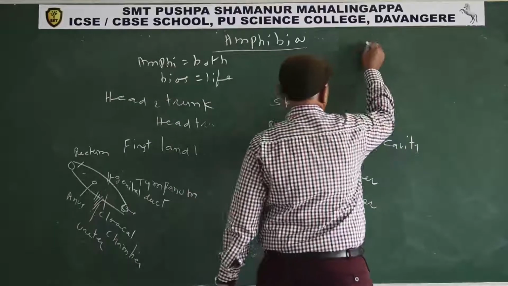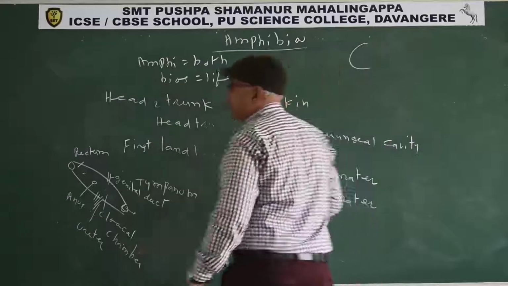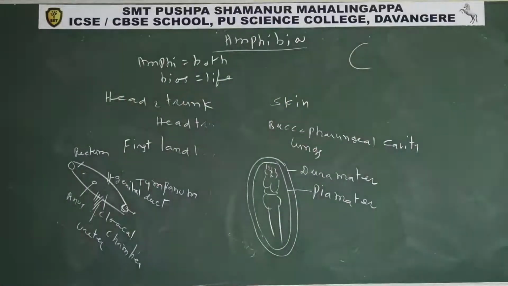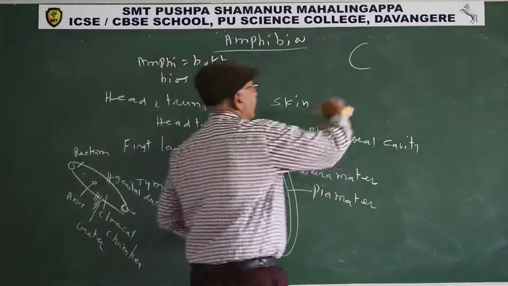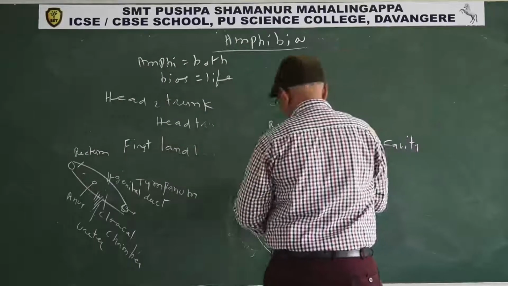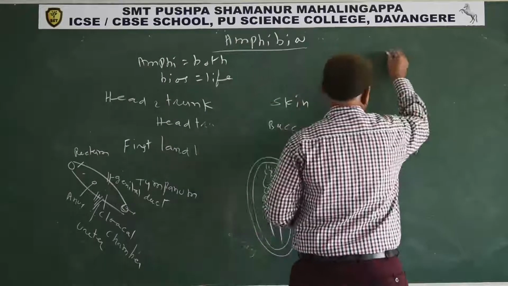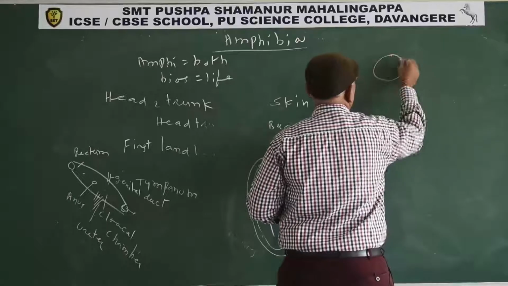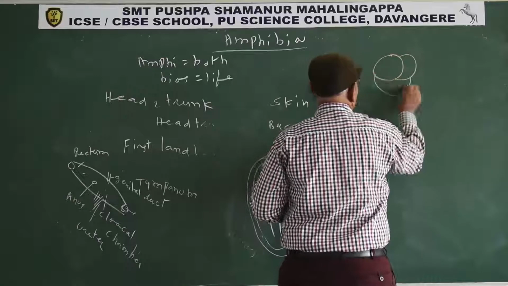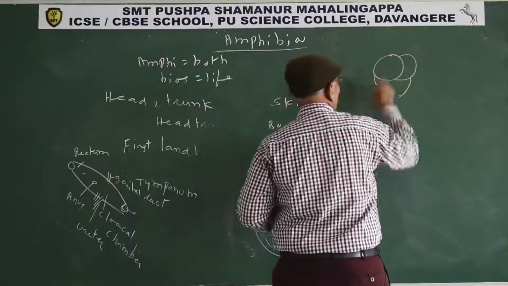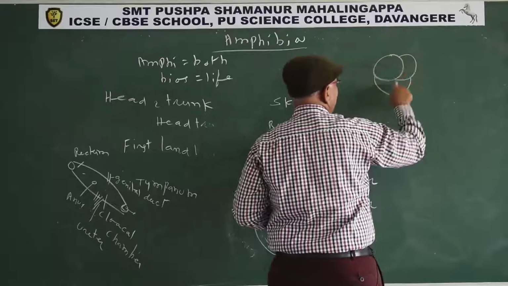Three-chambered heart. Right atrium is bigger than left atrium.